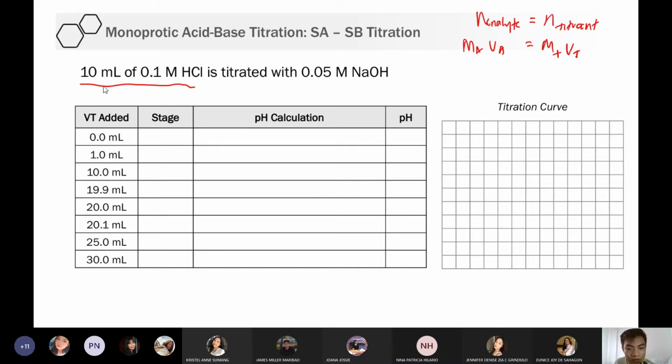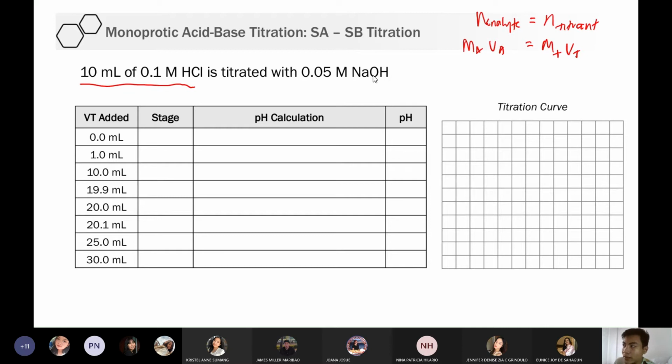Pag fix yung volume, analyte yun. And always, first na sinasabi yung analyte, bago yung titrant. May keywords ka naman eh. Kunwari, is titrated with. Ibig sabihin, ito yung titrant. So, be careful with the sentence. Unang binabanggit ay yung analyte, followed by the titrant.